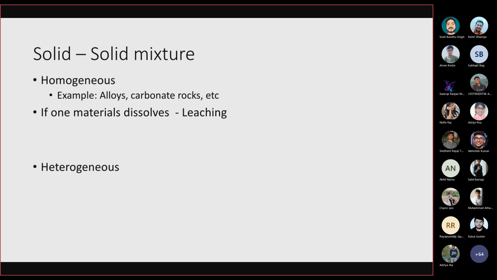Like we have two minerals, two metals, or two solids uniformly distributed, but out of these two, one is more soluble in the liquid solvent and the other one is less soluble. Then we go for leaching.